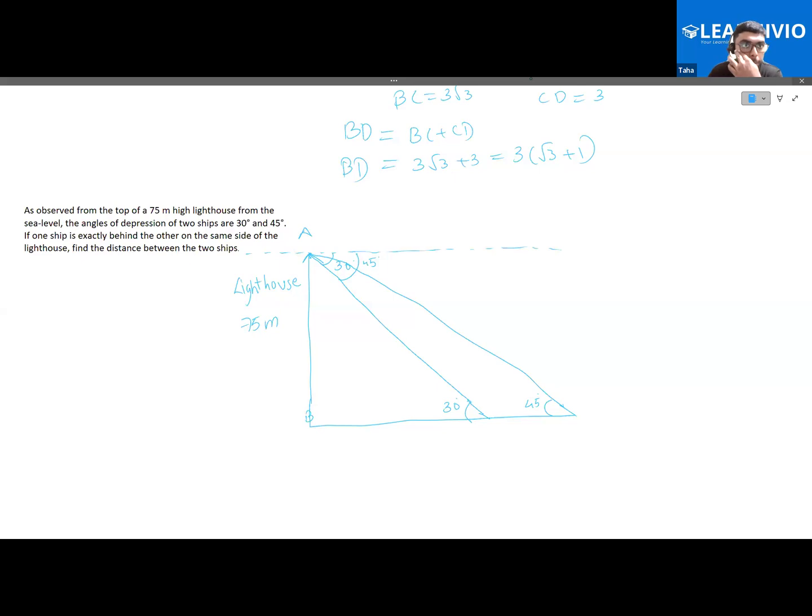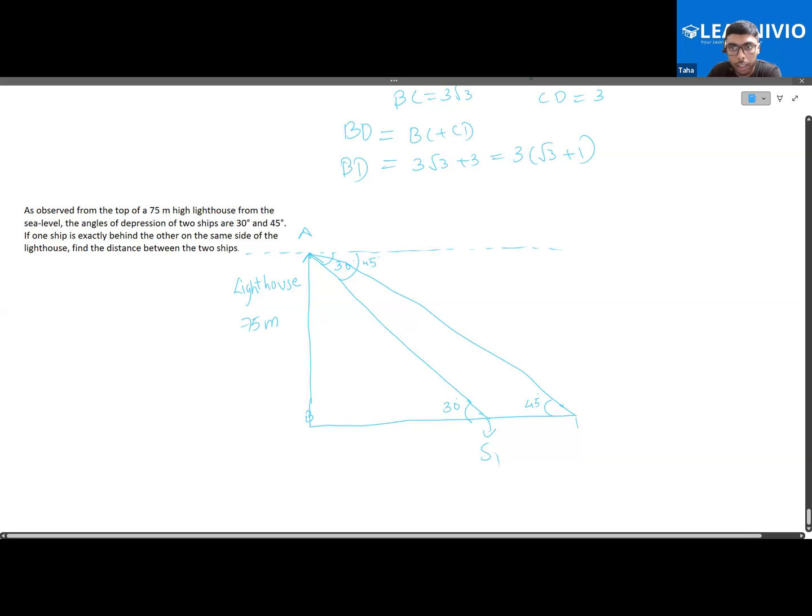All right, so two ships, angles of depression of two ships. This is ship 1, S1, and this is S2. Okay. And if one ship is exactly behind the other ship on the same side of the lighthouse, find the distance between the two ships.